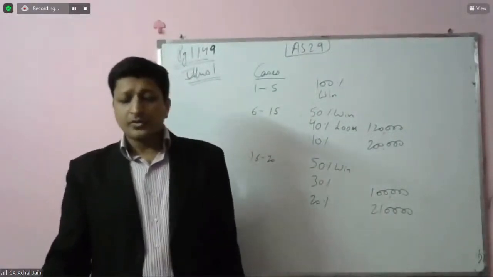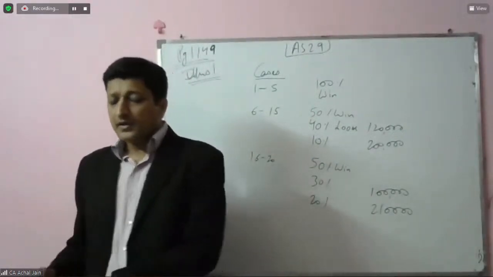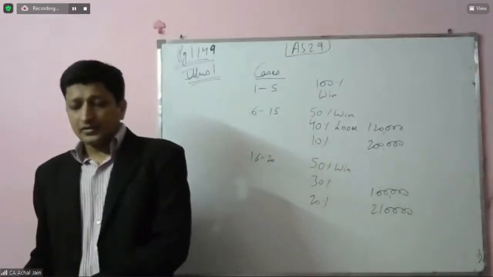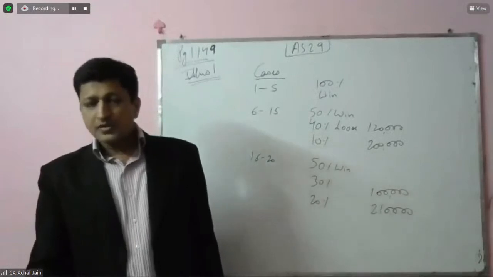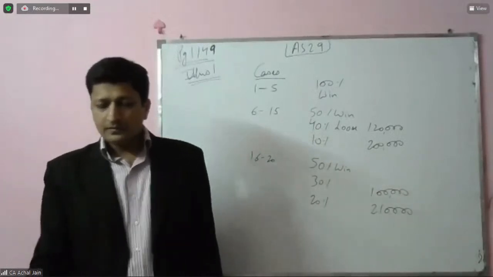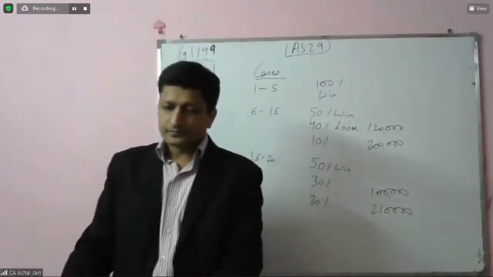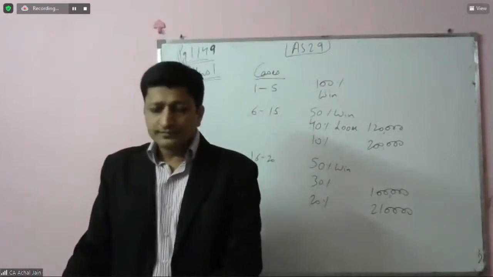Anushka has also computed the amount of contingent liability as 10 lakh 40,000. Great. Any more responses from your side? Should we go to the solution?